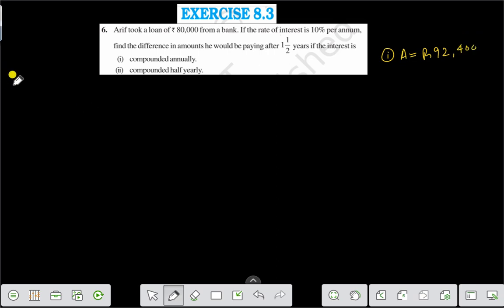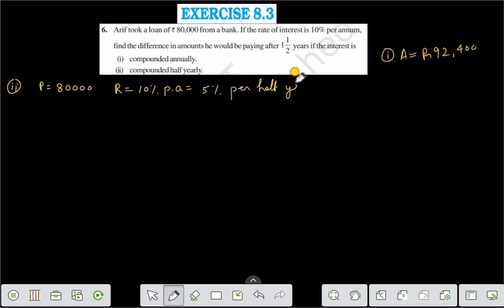Now let's see question number 2, compounded half yearly. Here you see that principal is equal to rupees 80,000. If it is compounded half yearly, rate of interest is 10% per annum. Therefore, we can write 10 by 2, that is 5% per half year.